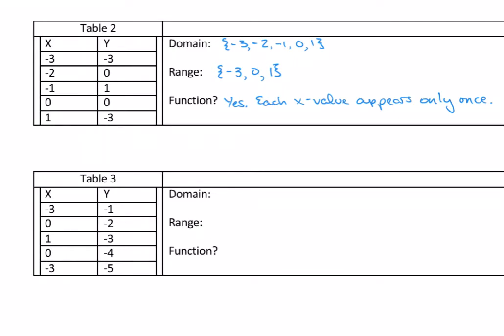All right, let's come down to table 3. Let's start with our domain. Our domain, we have x is -3, 0, 1. We already have 0 and -3 on there, so we are done.